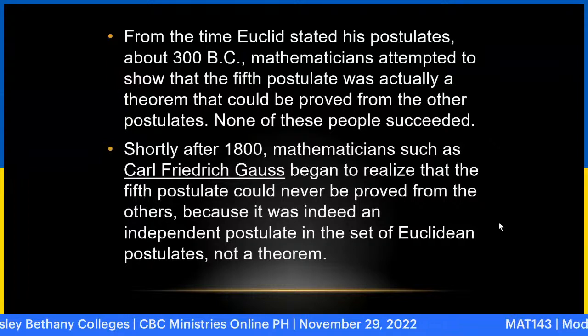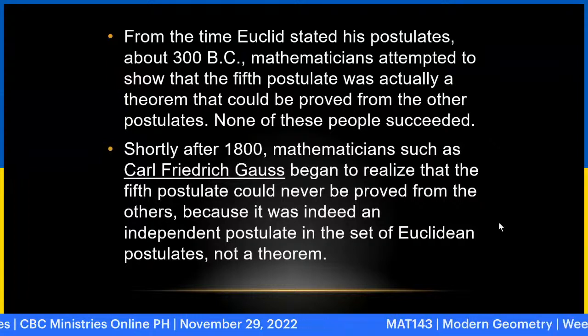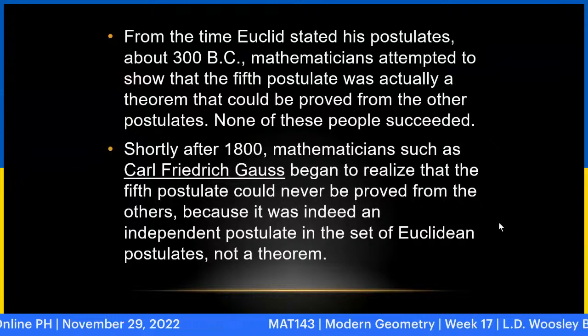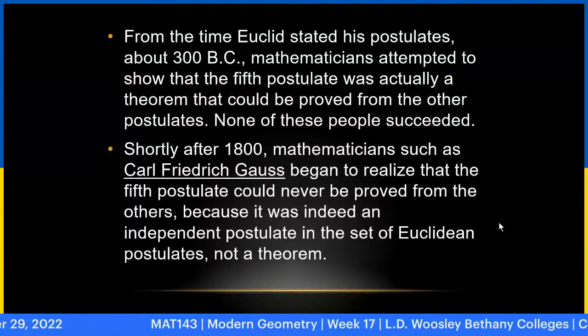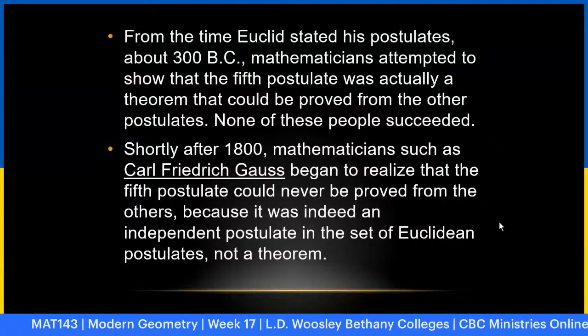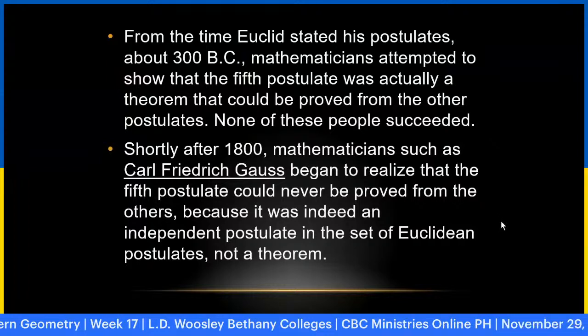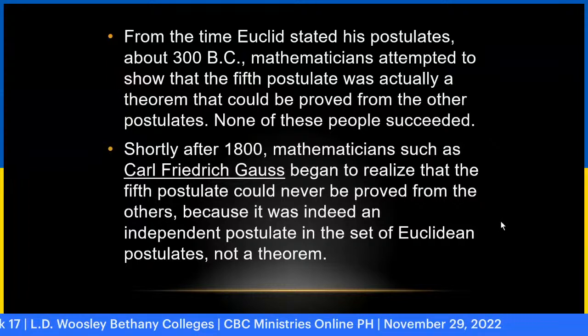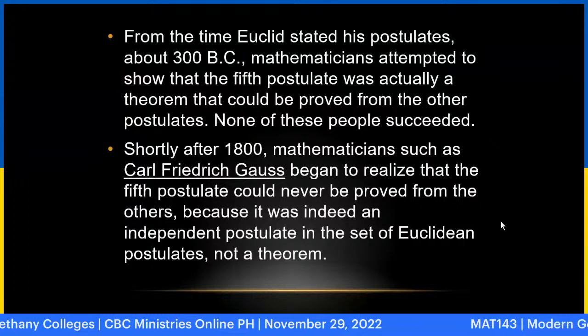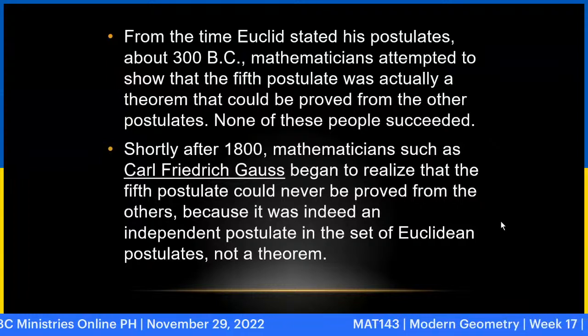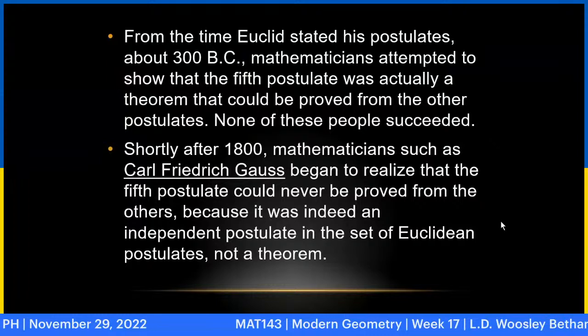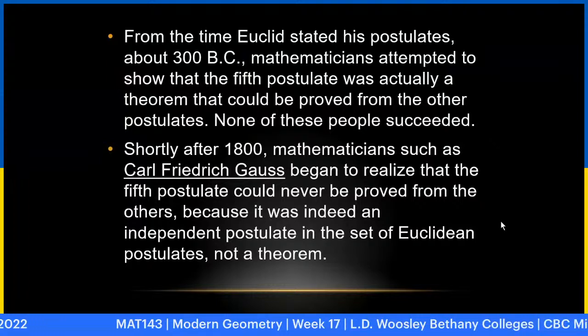None of these people succeeded. None of them made use of the first four postulates to prove the fifth postulate. Okay? And shortly after 1800, mathematicians such as Carl Friedrich Gauss began to realize that the fifth postulate could never be proved from the others because it was indeed an independent postulate.